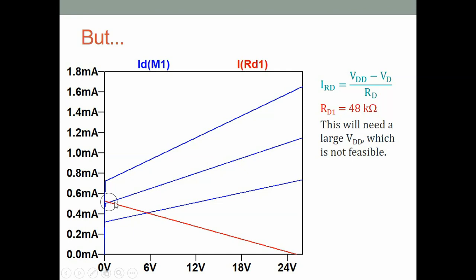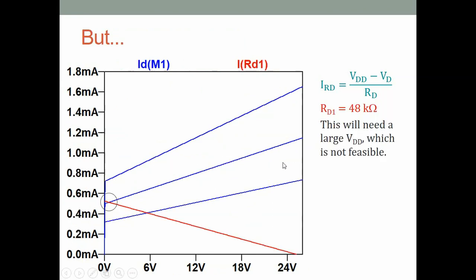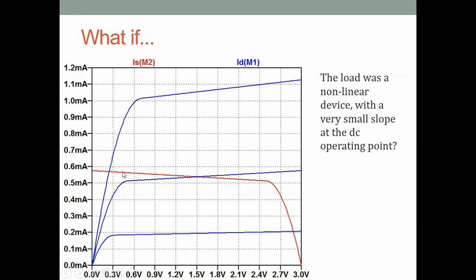So here is the next question we ask. Well, this is what we would like. We would like the load line to be shallow, but we are not able to use this resistor as the load because we'll require very high VDDs. So we say, what if our load line could be like this?